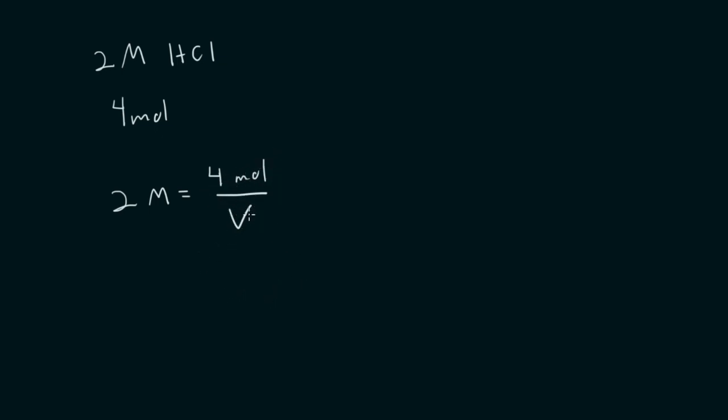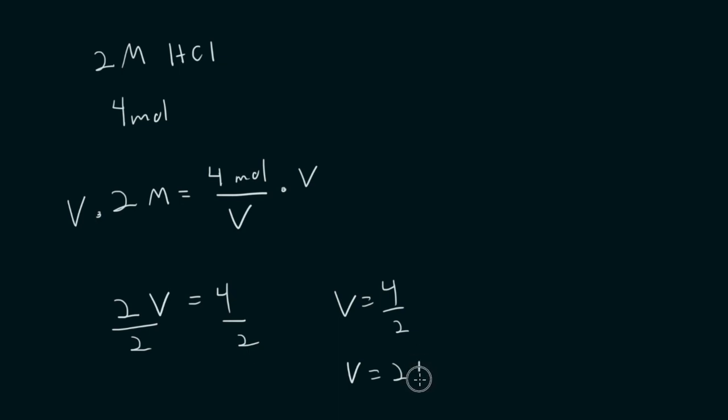Now to rearrange this equation, first I need to get volume away from the bottom. I don't want that in my denominator. So I'm going to multiply both sides by the volume. It's just the algebra here. I get 2 times V equals 4. And now I need to get the volume alone, so I divide by 2. And so V equals 4 over 2, which means V equals 2. So that'd be 2 liters. I would need 2 liters of 2 molar HCl to get 4 moles out of that.